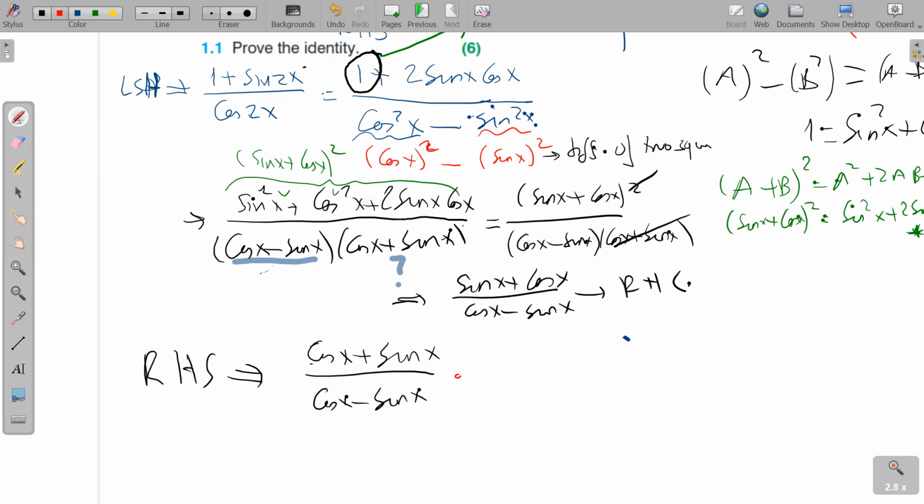Multiply numerator and denominator by the conjugate of cos x minus sin x. Conjugate means if it is minus between them, change it to plus, so they are conjugate. Cos x plus sin x, cos x plus sin x. This is 1 mark.